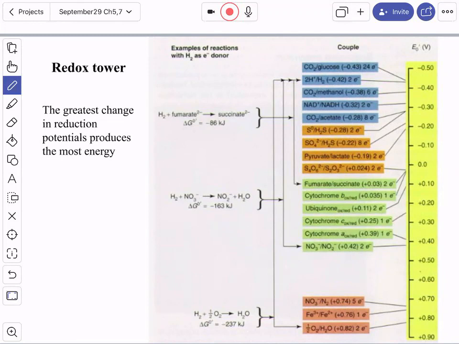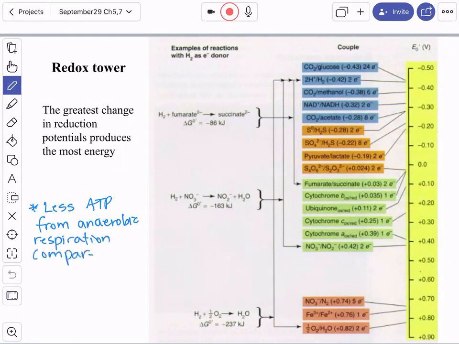Of course, it's an advantage for organisms to be able to use something else other than oxygen to respire, but you are always going to get less ATP from anaerobic respiration compared to aerobic respiration.